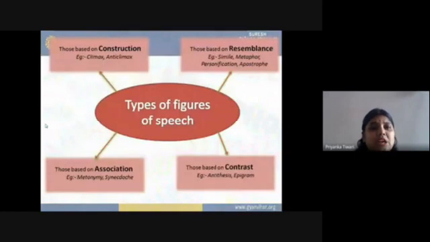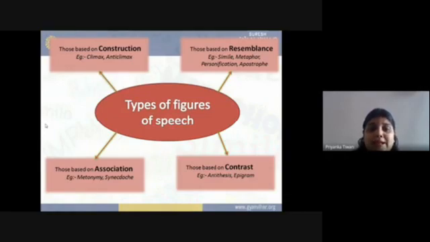Now, there are types of figures of speech: those based on construction, climax, anticlimax. This is the most important part in English literature. And those based on resemblance: simile, metaphor, personification, apostrophe.